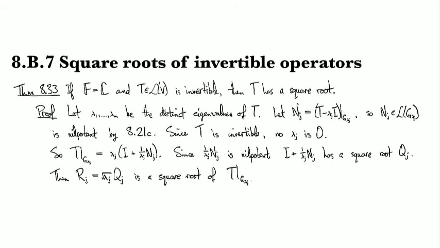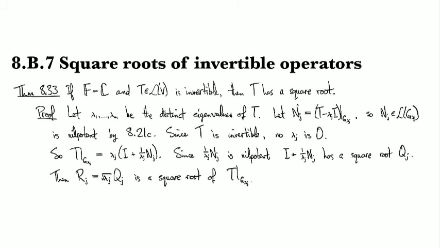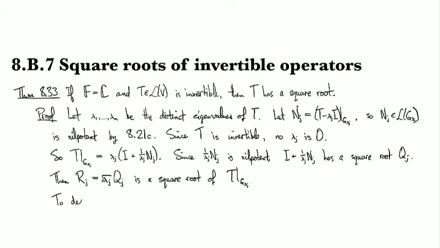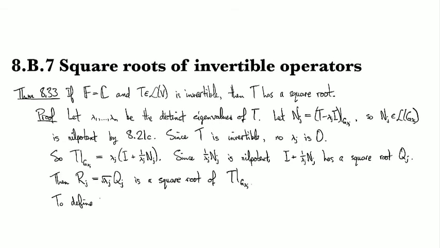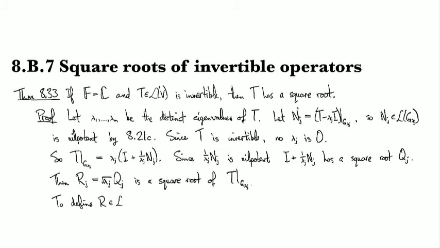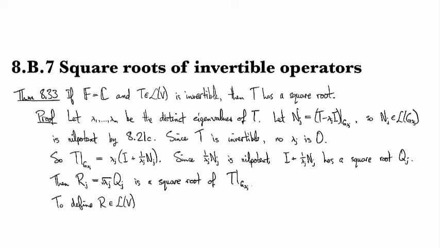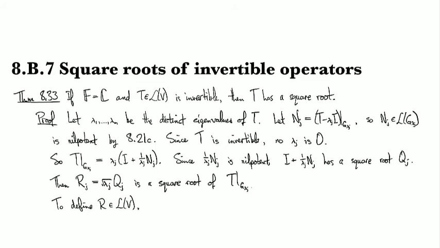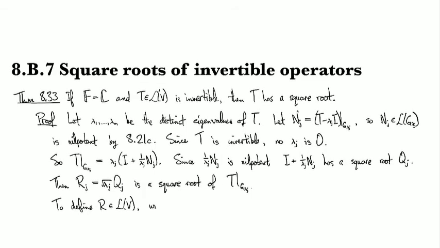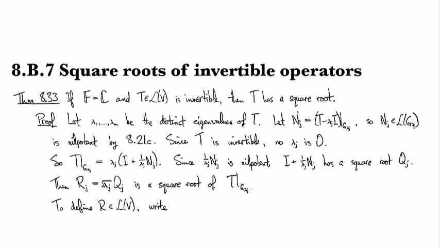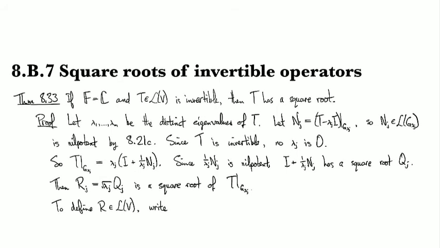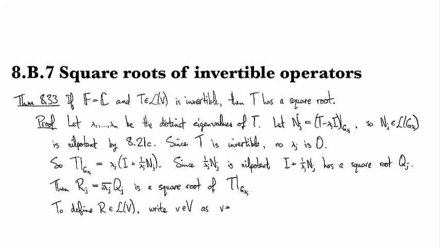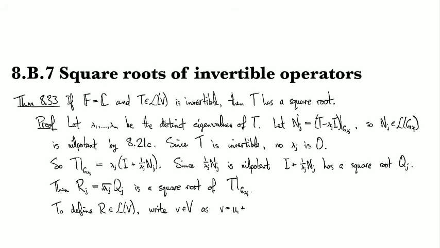So now we've got it on each component, so we just have to add it back together again, or combine them. So to define R, an operator on all of V, which is a square root of T, let's see, what does R do? Well, we first express what it does to an element of V in terms of this generalized eigenbasis.